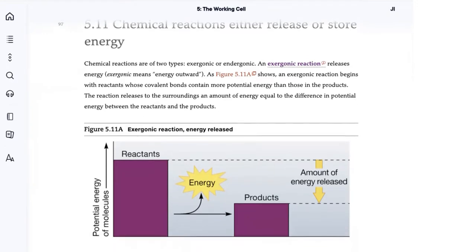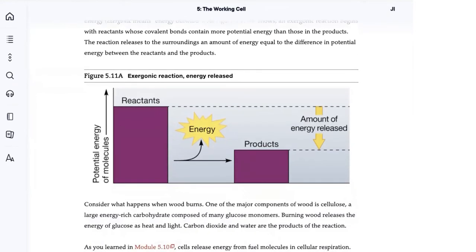And this is exactly what we were talking about before. If you start off with reactants that have a higher energy compared to what you end up with, like this might be H and O, right? Those are our reactants. And the first thing that I drew, I said here we end up with H2O products. There's going to be energy released, right?